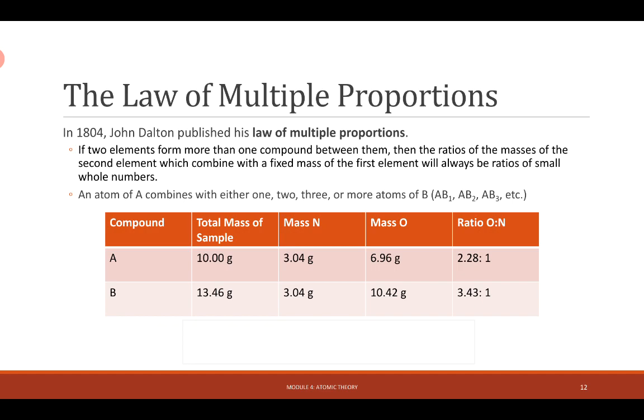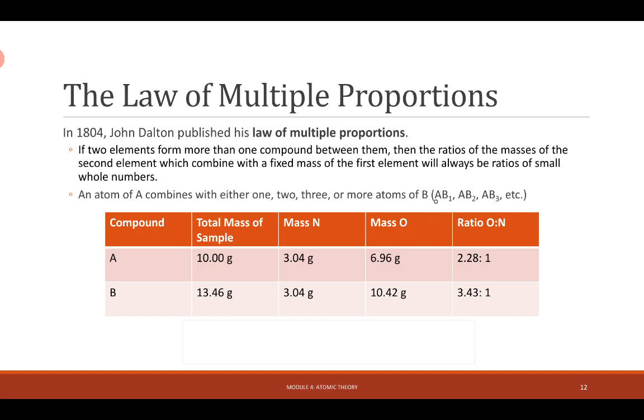So if two elements form more than one compound, you can figure out relative to one another how much of each element has changed in such a way where it's a whole number difference. And this is trying to support that atoms combine in whole number ratios.